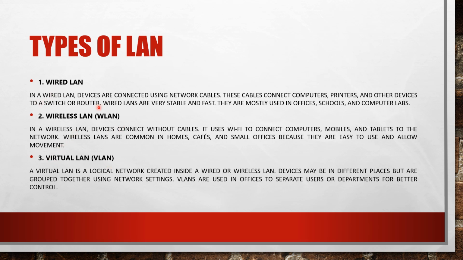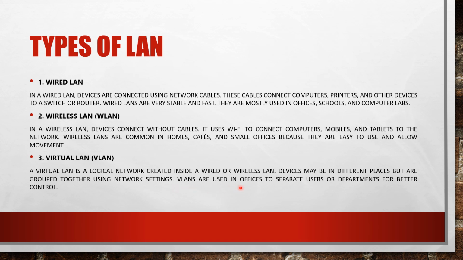Wired and wireless we already discussed. What about virtual LAN? It is a logical network which is created, either wired or wireless, in different places, but grouped together using network settings.